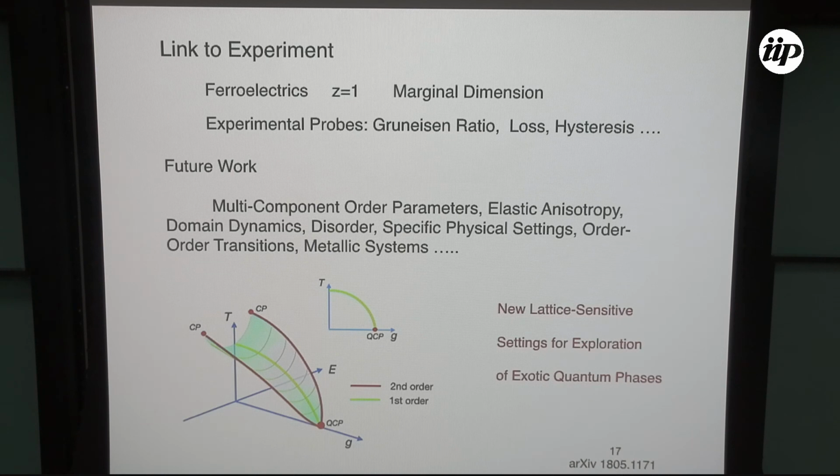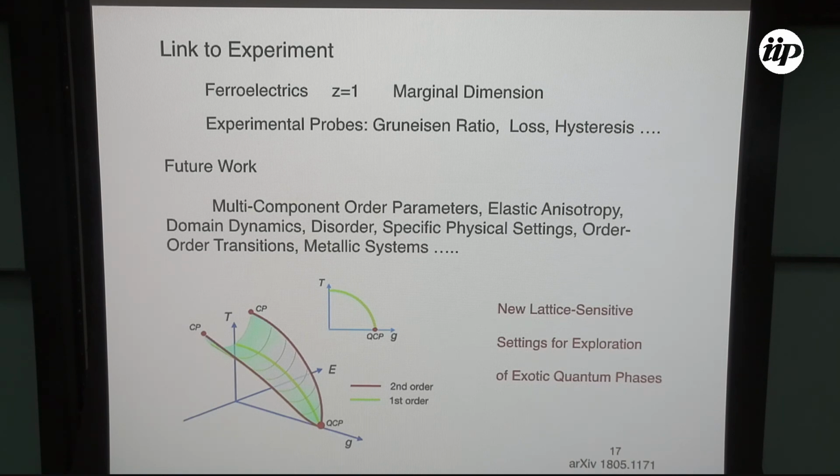And for us, the most exciting thing about this is that it's a theoretical framework which tells us that just because we have a certain order transition classically doesn't mean we have the same thing quantum mechanically.